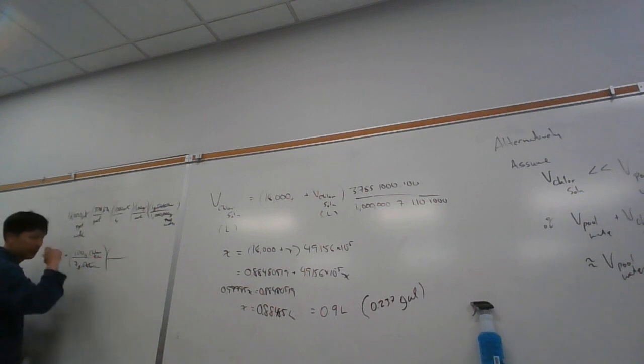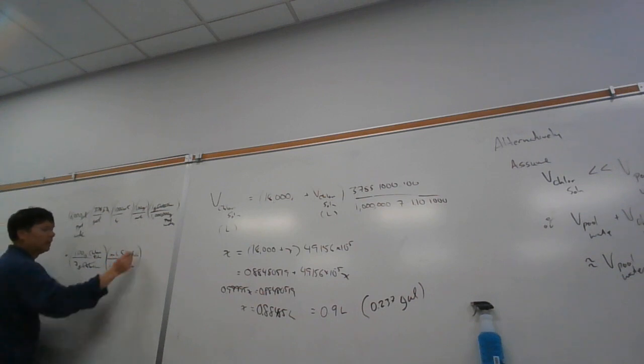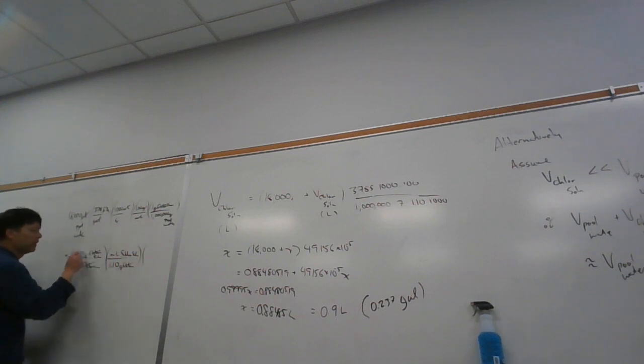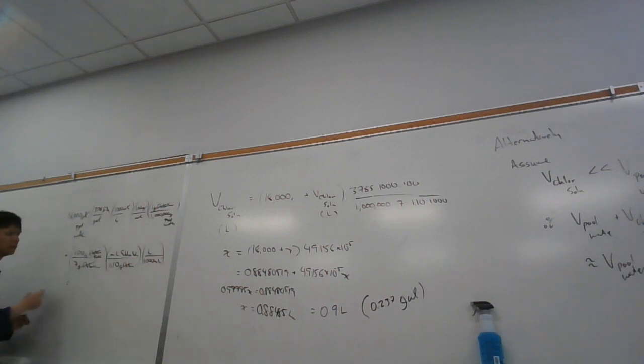And we know the density of the chlorinating solution, 1.10 grams of chlorinating solution per milliliter of chlorinating solution. And then the grams of chlorinating solution cancel. That leaves us with milliliters of chlorinating solution. And we want liters. So a liter is 1,000 milliliters. And that gives us liters of chlorinating solution.